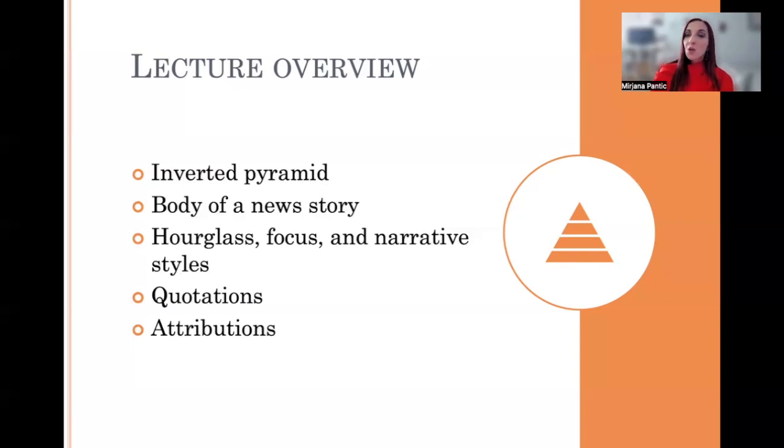So this is critical. All of these things: knowing how to write a good lead, how to create a story that starts with the most important information and ends with the least important information, how to pick an hourglass style when you think it is important to tell my readers the most relevant facts related to the story, but I also want to make a turn and give them a description of what happened in chronological order, for example.